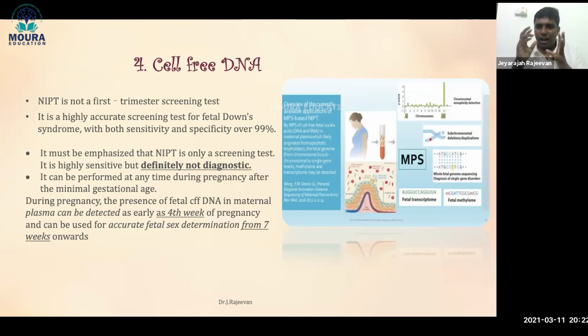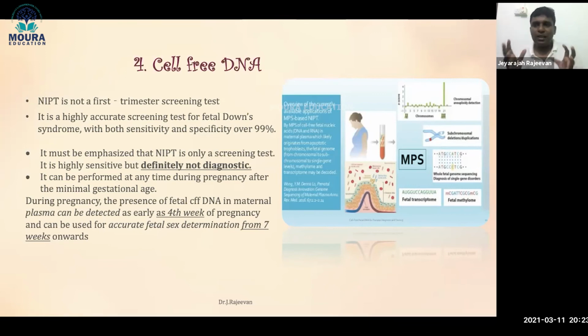When our cells are degrading, due to aging or some other reason, when the cells are getting damaged, the DNA which is inside the cells will be released into the bloodstream.